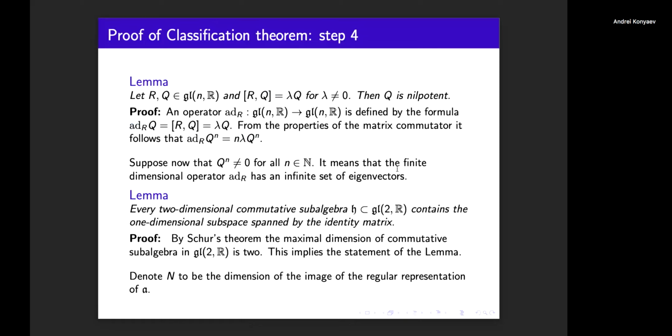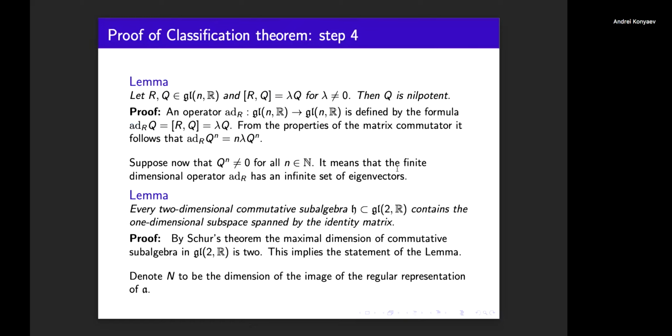In arbitrary dimension, for GL_n(R), you take n squared divided by 2, take the whole part of this number, then add 1, and this is the maximal dimension of a commutative subalgebra.